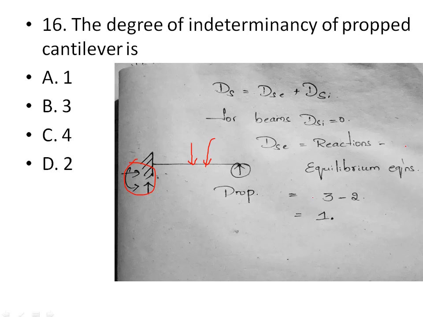And for the non-coplanar concurrent, it is concurrent but not coplanar. So in this case, we have to take the 6 equilibrium equations. Here we take the 2 equilibrium equations and we get the answer 1.